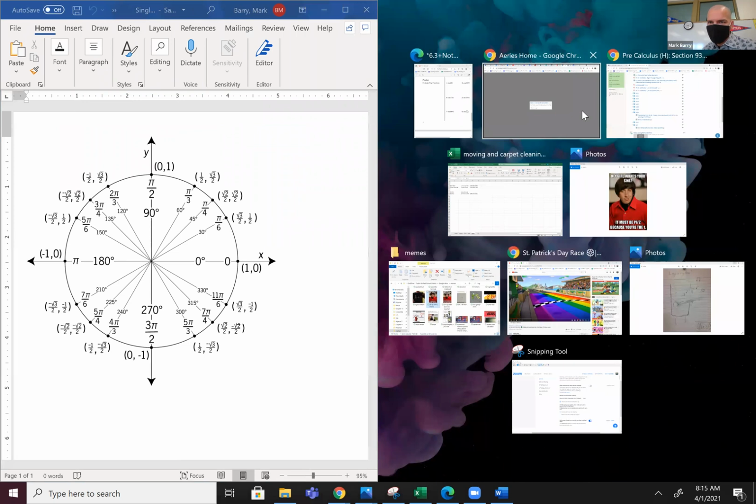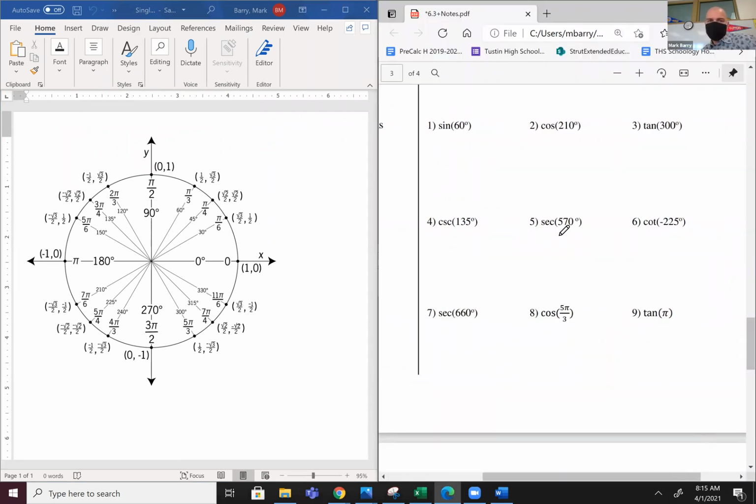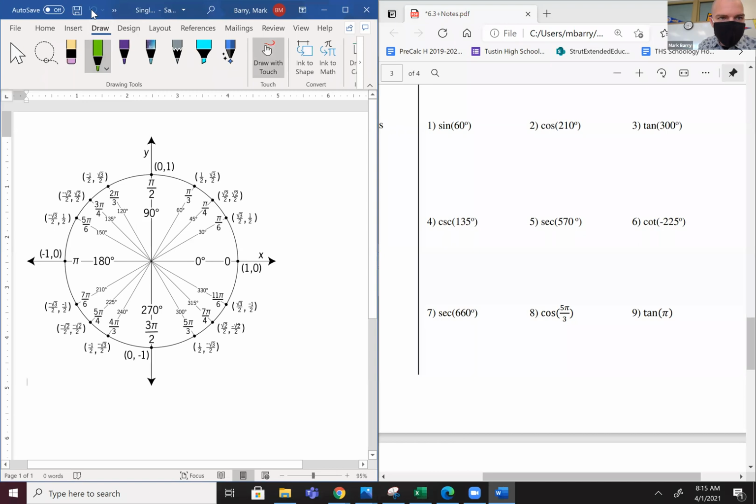That's going to be good for us. I'm just going to remind myself on the unit circle that we remember sine is the y value, cosine is the x value, and tan is y over x, right?